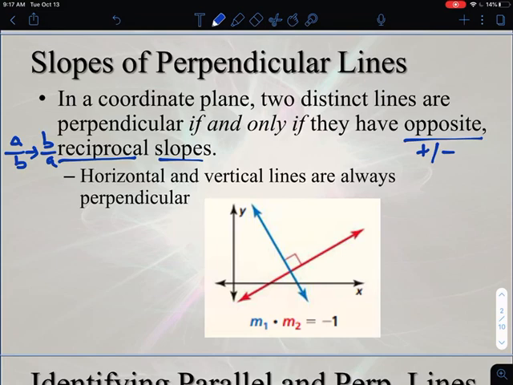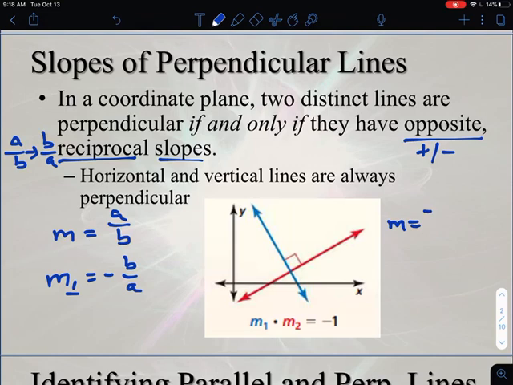So as far as opposite reciprocals, we need something that has a different sign, one slope positive, one slope negative, and then reciprocal means they flip the fraction. So if I have the slope of one line as a over b, my perpendicular slope, so there's my symbol for perpendicular, would have to be negative b over a. So I'm just going to flip the fraction and change the sign.